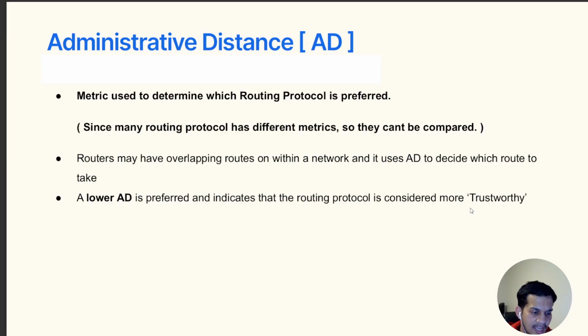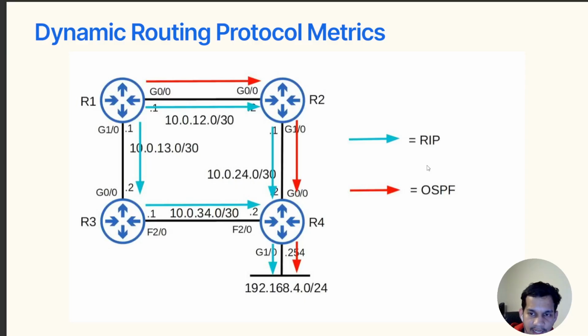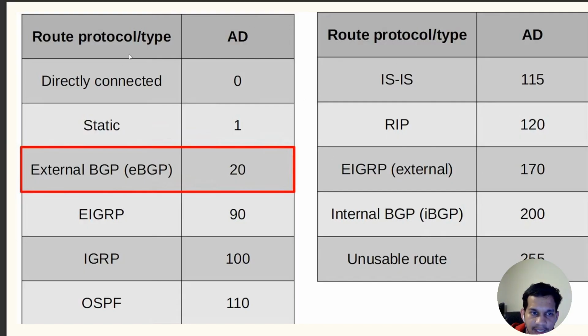Let's take the same example: which protocol will be preferred, RIP or OSPF? We have our AD table here, which tells the AD of each protocol. Directly connected is 0, static is 1. We were looking at OSPF and RIP.